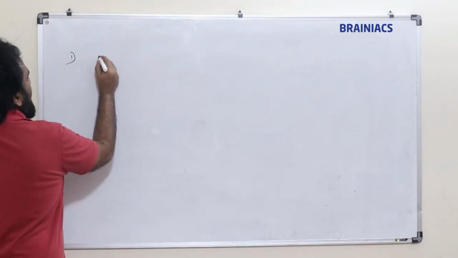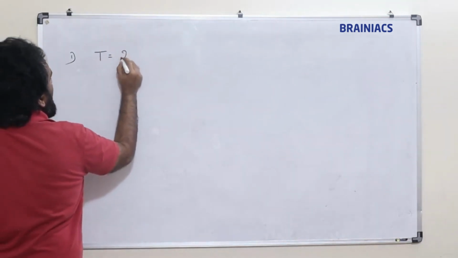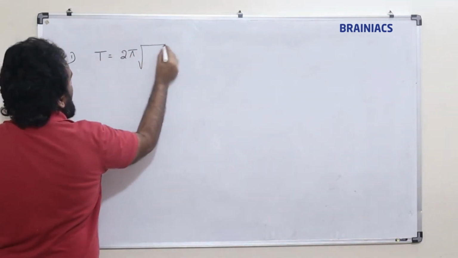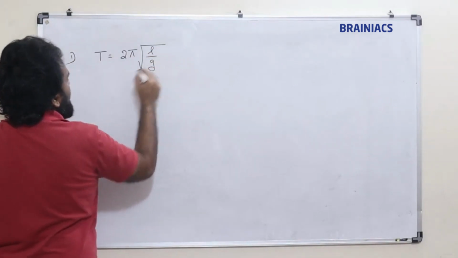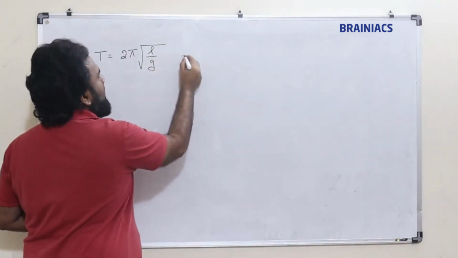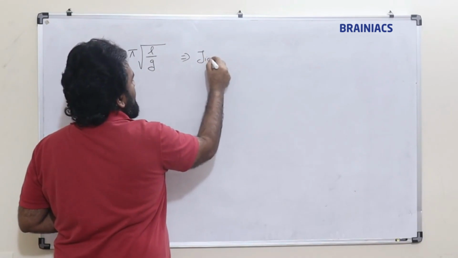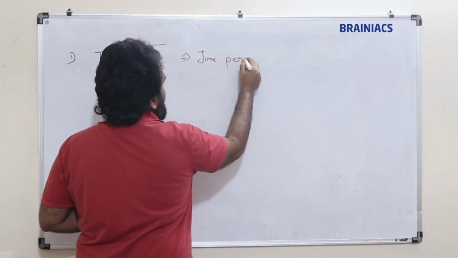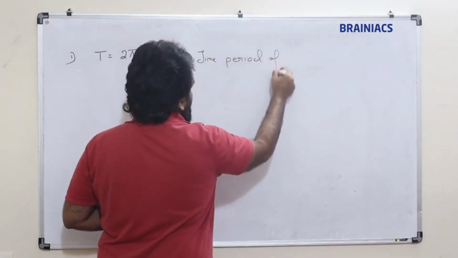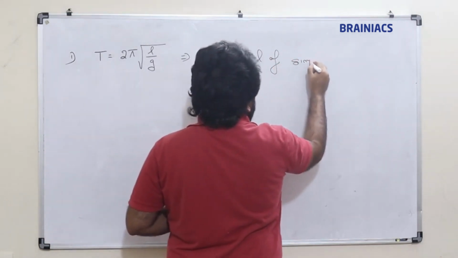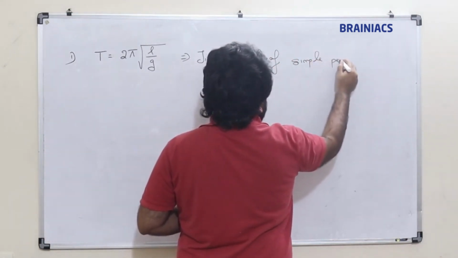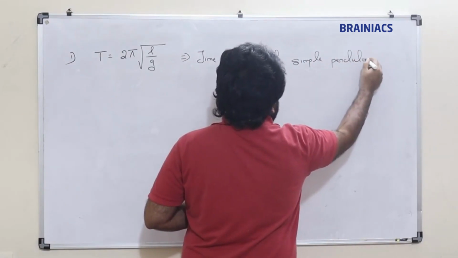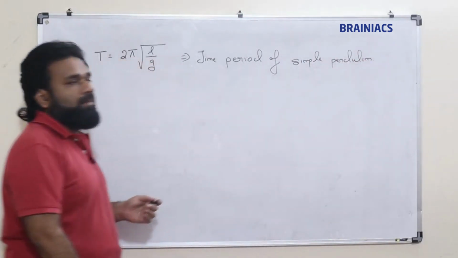Its time period is T is equal to 2 pi into root of L by G. This is the time period of a simple pendulum.